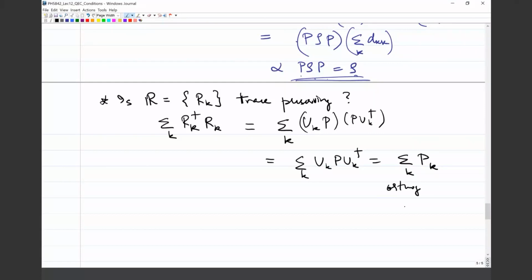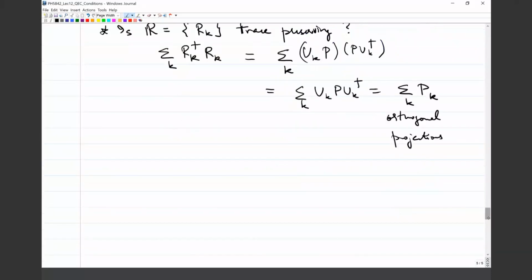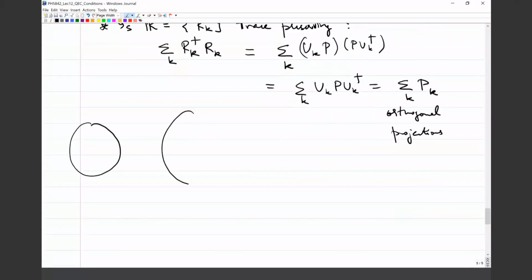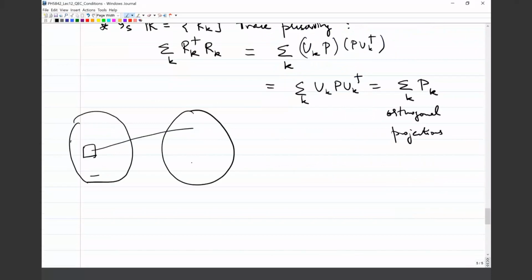And whenever I have a sum of orthogonal projections on some larger space, then such a sum cannot exceed identity on that space, right? Because what are these projections? They are projections onto this larger encoded space, right? So they are projections onto these different parts of this encoded space, P2, etc., PK. So the sum of these projections should cover the entire space, or it should be smaller than the entire space. So it cannot be larger than identity on that space.